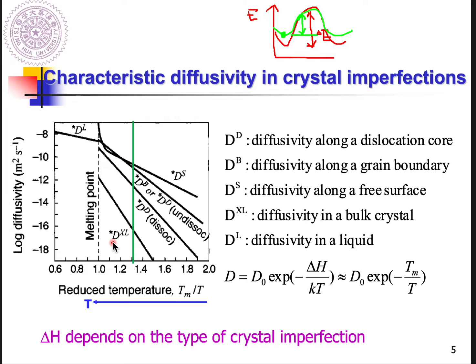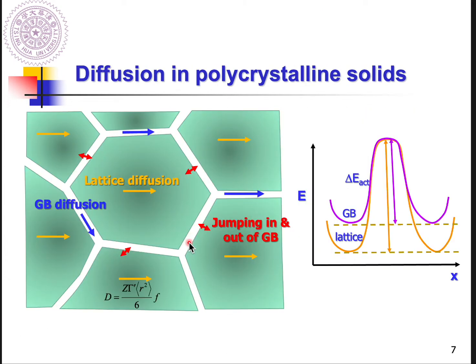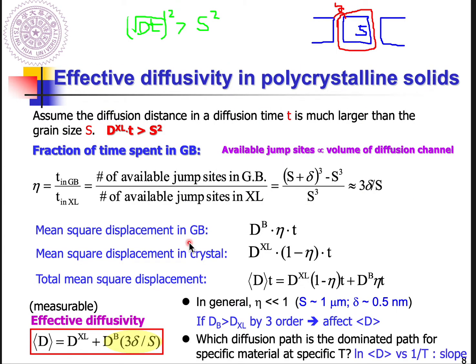Based on the slope you fit, you can get a delta H, because different crystal imperfection sites have different delta H, right? So based on the slope, you can roughly estimate what kind of diffusion path is involved in your materials. So this is how we deal with it.